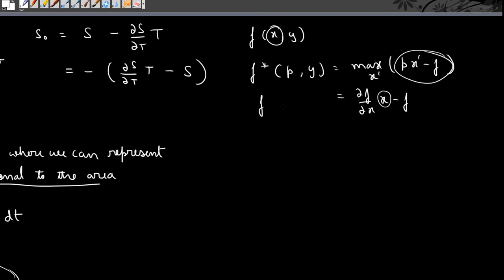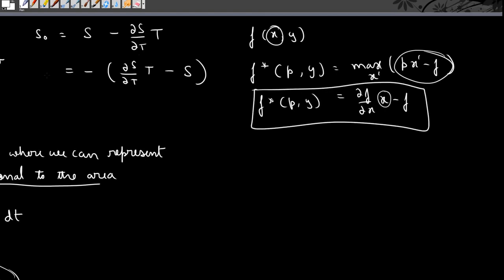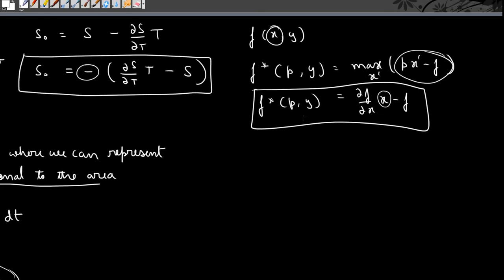If you see this equation and this equation, except for this negative sign, we see that they look the same. Okay, so what this negative sign does is simply it will change one of the properties of the Legendre transform, which says that if f is convex, then f star is also convex, whereas here, because of the negative sign, if our S is convex, our S naught is going to be concave.